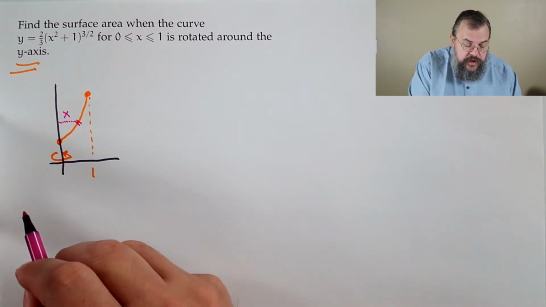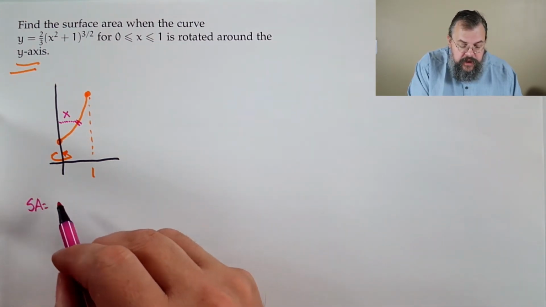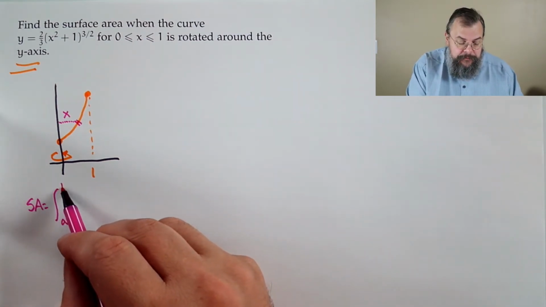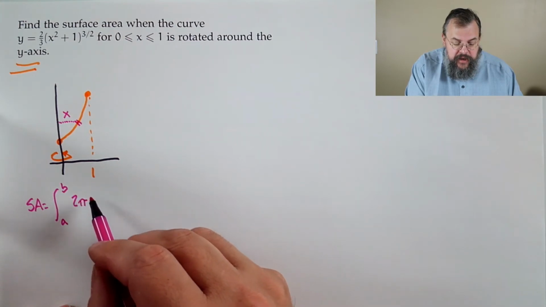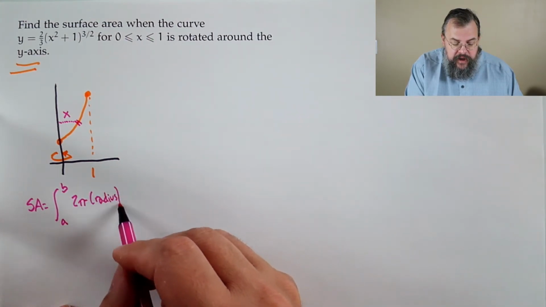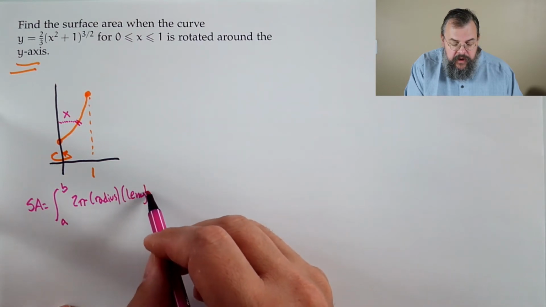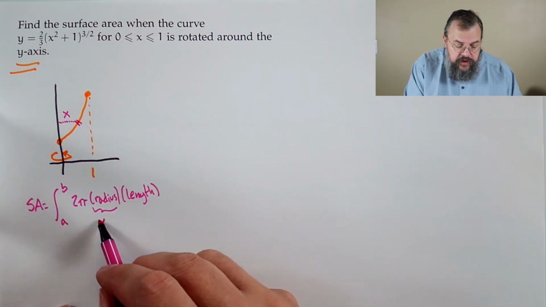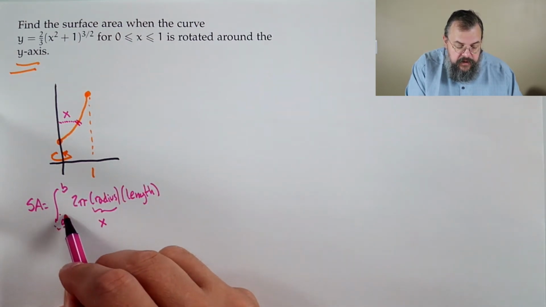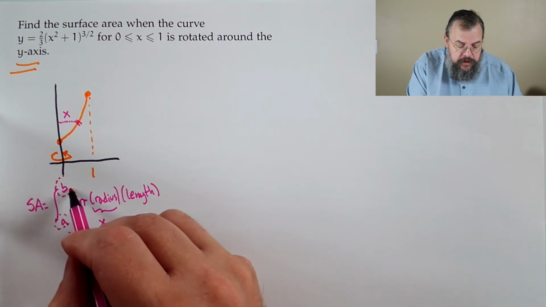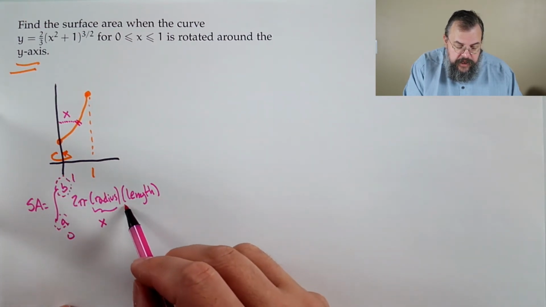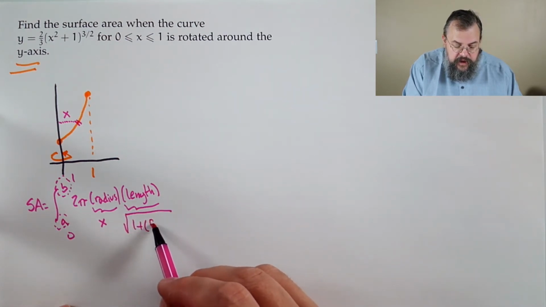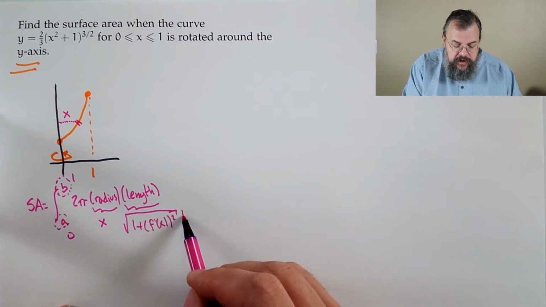So our surface area, our generic formula, adding up, which really is just another way to say integrate, a to b, our 2 pi, times our radius, and times our length. Where our radius, in our case, would be x, our a and our b would be 0 and 1, and our length, well, that's the square root of 1 plus f prime of x squared dx.